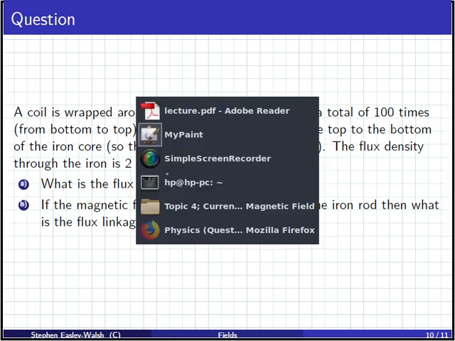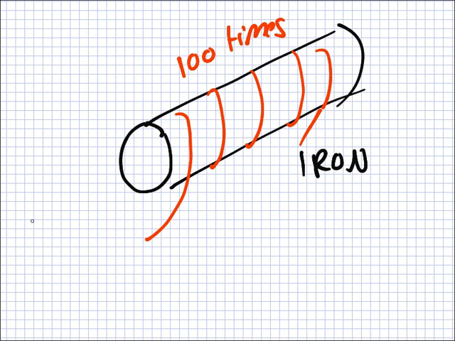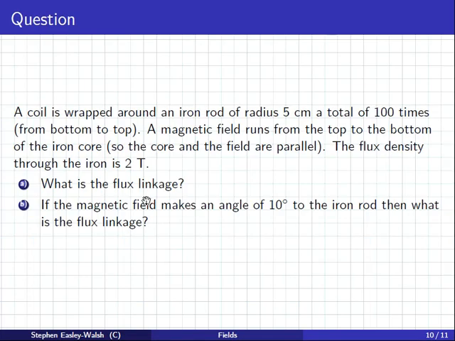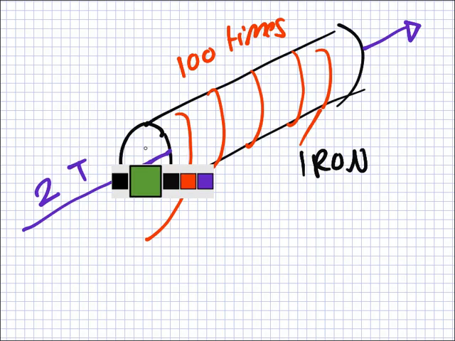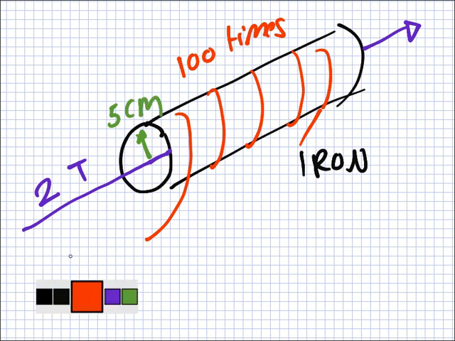The flux density is 2 Tesla, so I have a magnetic field passing through it of 2 Tesla. The radius here is 5 centimeters. I want to know what is the flux linkage.